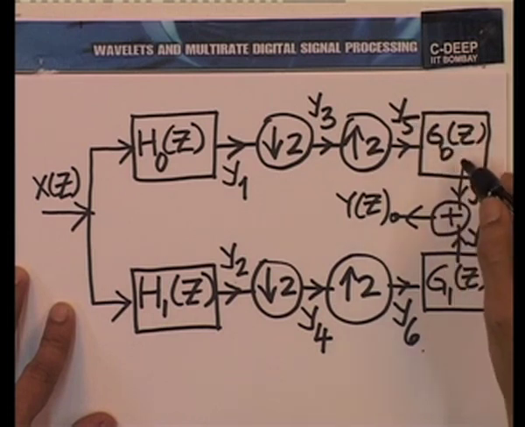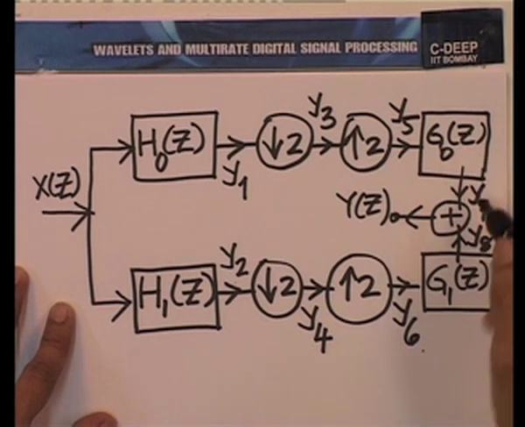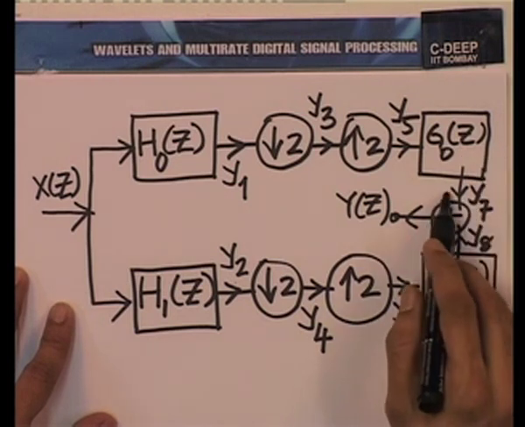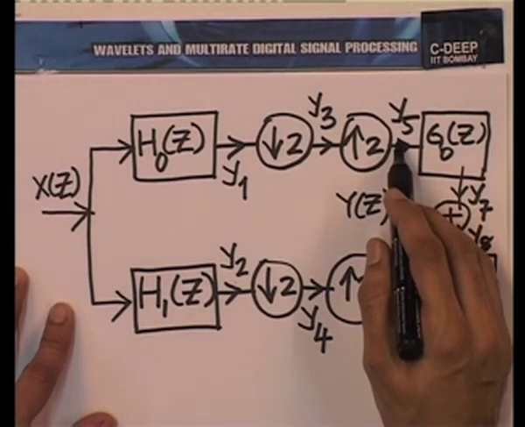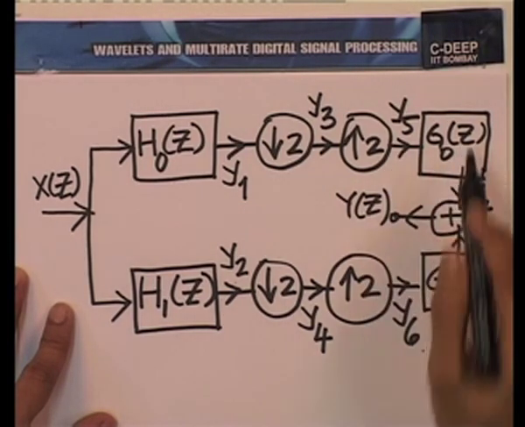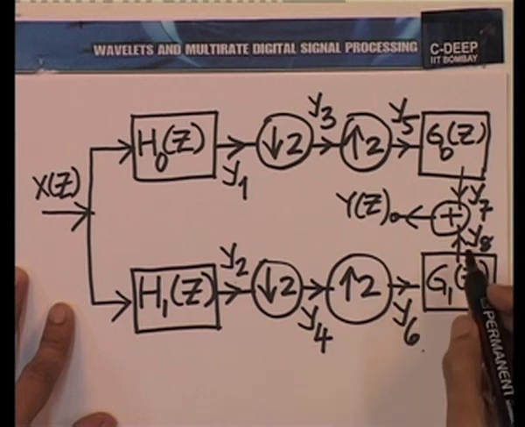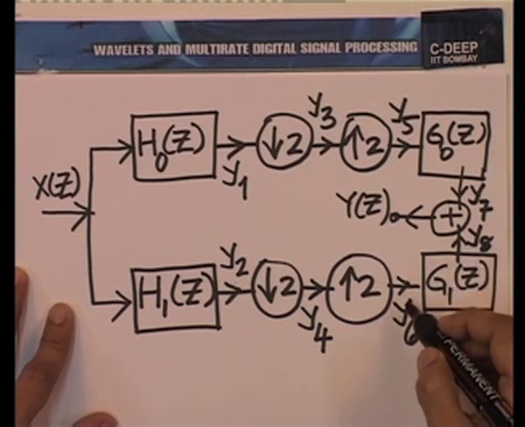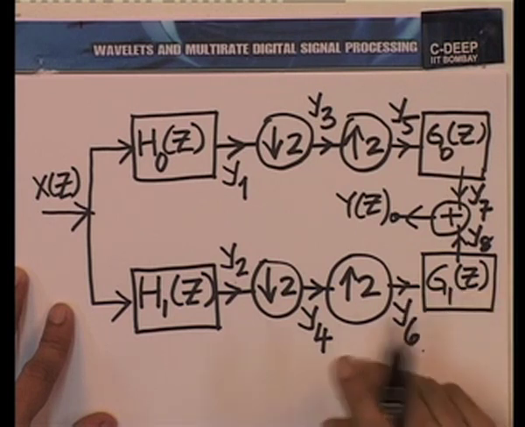y 5 z is acted upon by a filter with system function G 0, and therefore, the z transform at the output here after G 0 is the z transform of y 5 multiplied by G 0. Similarly, the z transform at the output of G 1 is y 6 z multiplied by G 1 z.